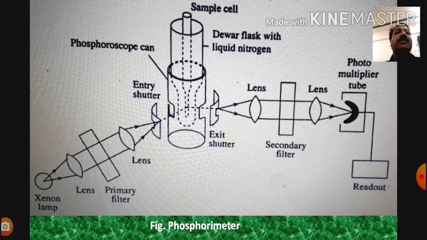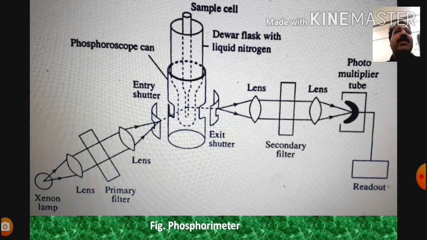After irradiation, the light is cut off using the rotating shutter. During this darkening, the phosphorescent light is allowed to pass through the second slit into the secondary filter, which allows only visible light to pass through. Then the emergent beam is sent into a photomultiplier tube where its intensity is measured.